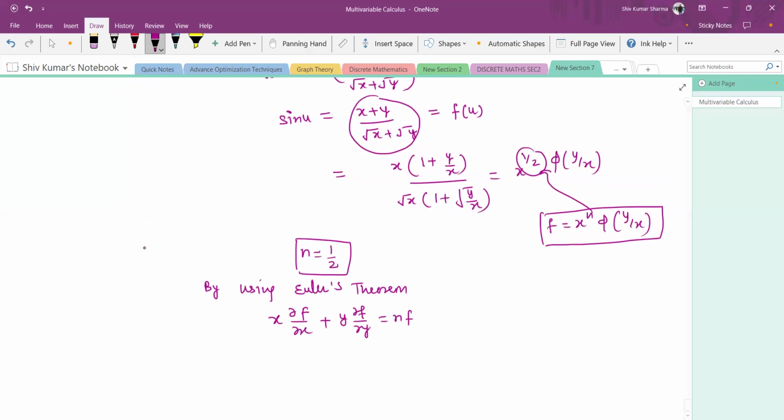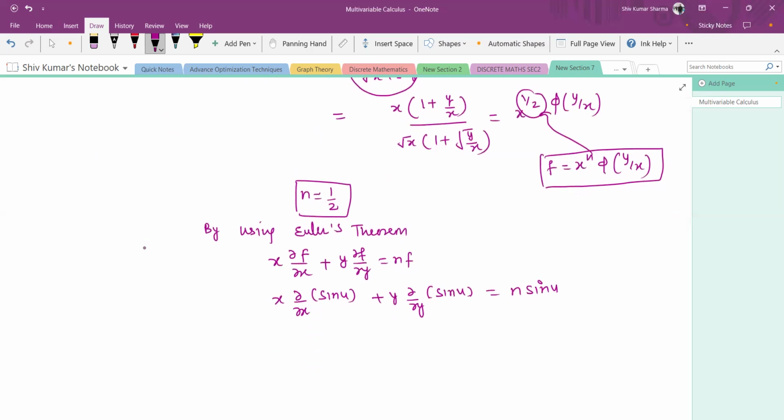Here f(u) we represent as sin u, so we just replace f by sin u. We write x ∂/∂x (sin u) + y ∂/∂y (sin u) = n sin u.